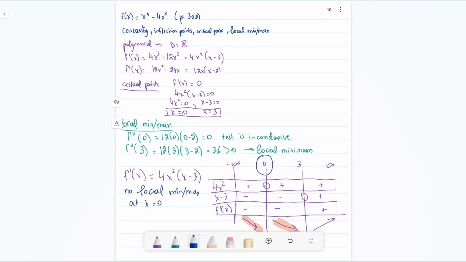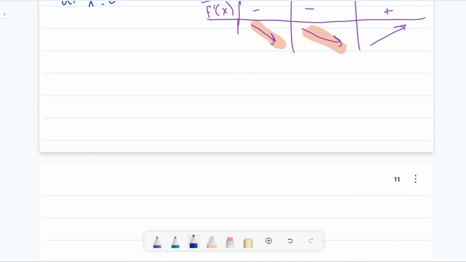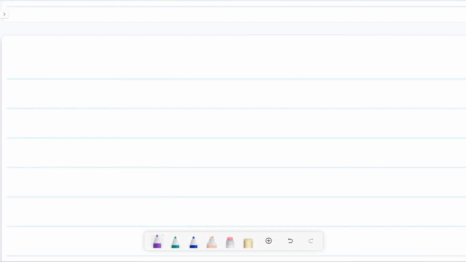So let's see what the question was asking. The question asked for local minimum or maximum. We found them. Critical points, we found them. Now we still need to look for inflection points and concavity. So let's use the second derivative and a sign table. We already stated that the second derivative is equal to 12x times (x minus 2).